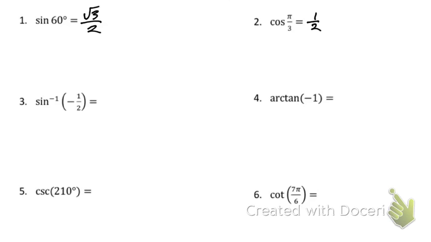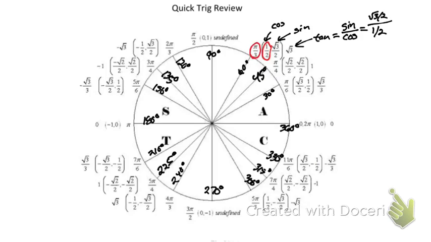When it starts getting a little more difficult is when we do inverses. That is just going the opposite direction. But what makes inverses hard is that if you don't remember where those inverses live, you're going to make mistakes. So this one is sine inverse of negative 1/2. That means you're going to go to your unit circle and find out where does sine equal negative 1/2.